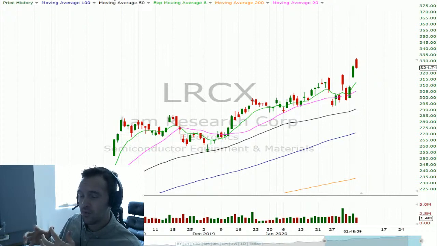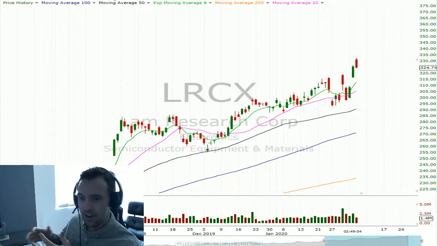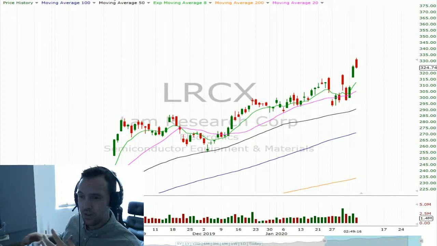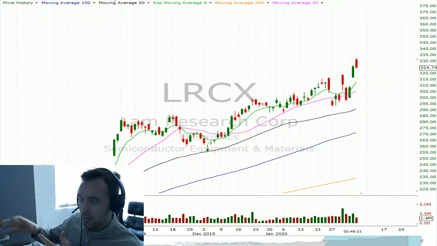What's interesting is that AMAT didn't report the same week that Lam does. So Lam options are going to be priced for that earnings catalyst, whereas AMAT's options aren't priced for that earnings catalyst because they won't report until the following week or the week after. So you get basically the benefit of that earnings release, but you're paying less for the options.